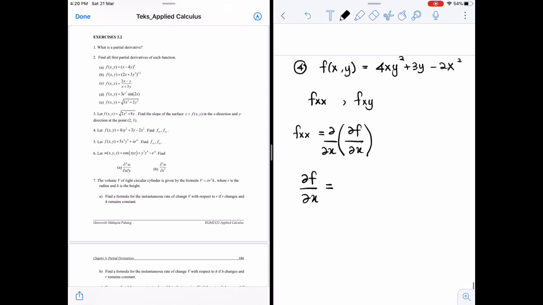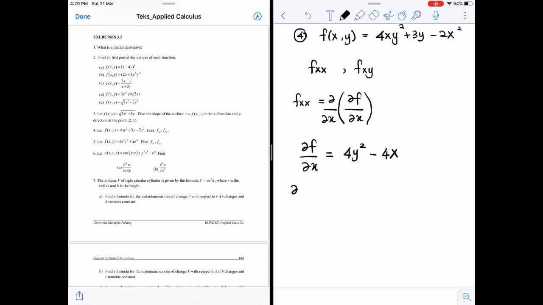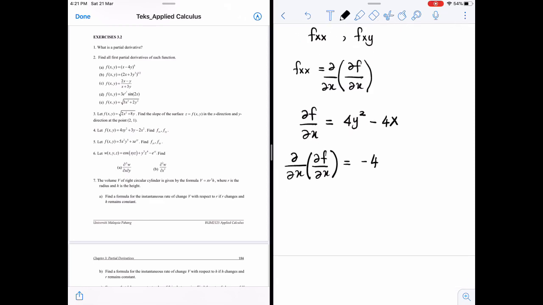So we have del f del x equal to 4y squared minus 4x. Then we differentiate this function again with respect to x. This will become negative 4, because y is a constant and differentiating a constant gives 0. So this is your fxx.